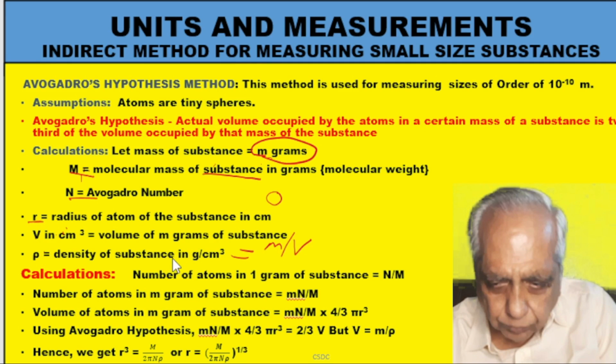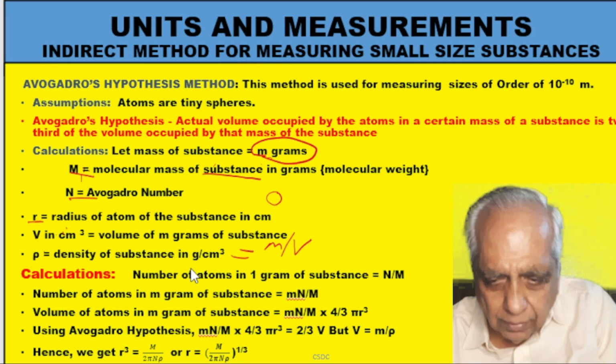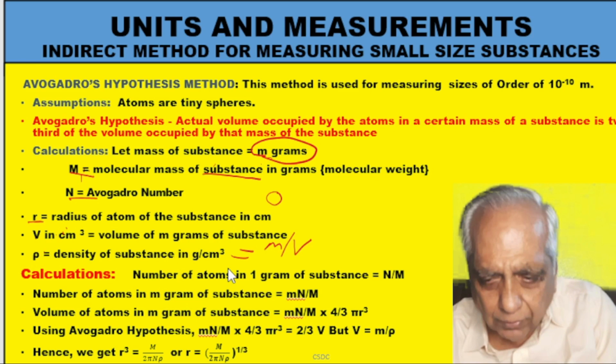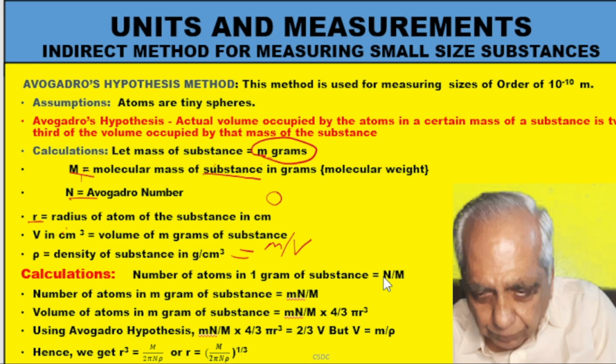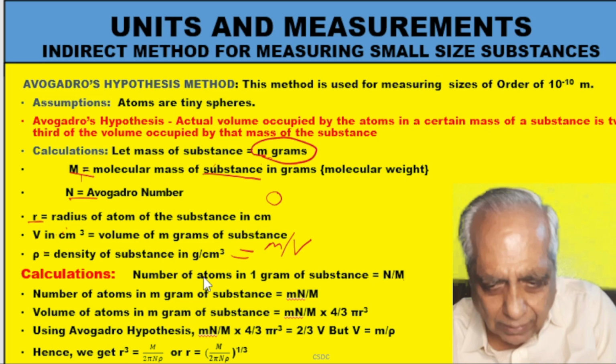First I am calculating the number of atoms in 1 gram of substance. N is the Avogadro's number. So that many atoms are present in M, the molecular weight. So 1 gram will have N upon M. But I have small m gram of substance, so my number of atoms would be m into N upon M. These are the total number of atoms in my substance.